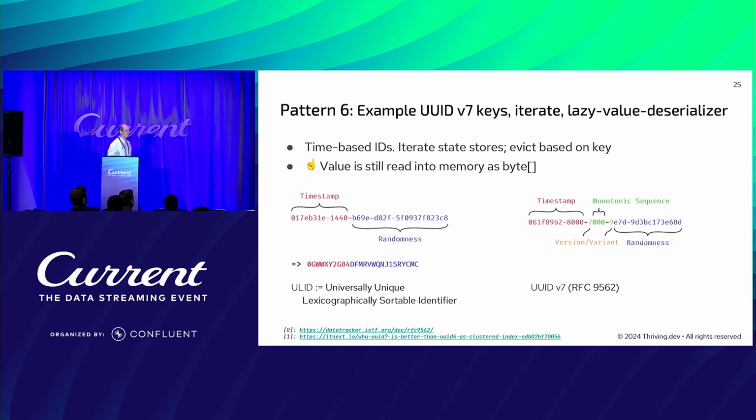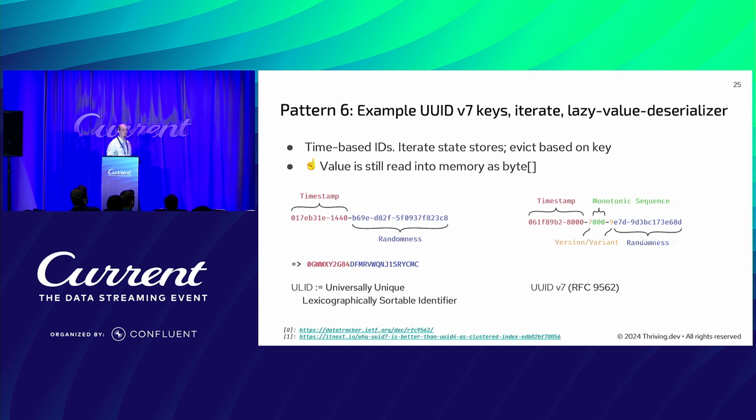Pattern number 6, I think it's not an actual pattern. I still found a part of it quite interesting, so I thought I would include it and share. It's mainly using a lazy value deserializer, and it addresses the case where you might have a big value.